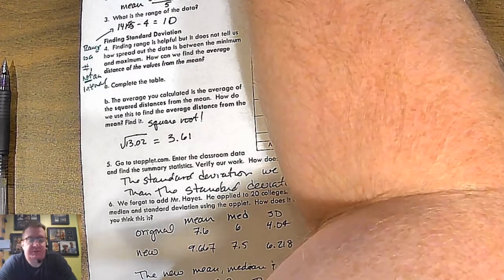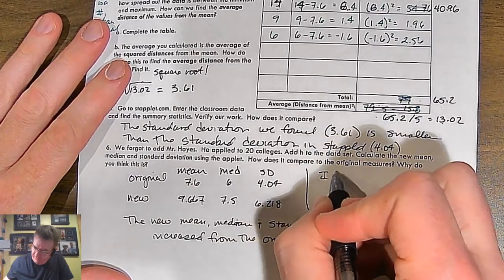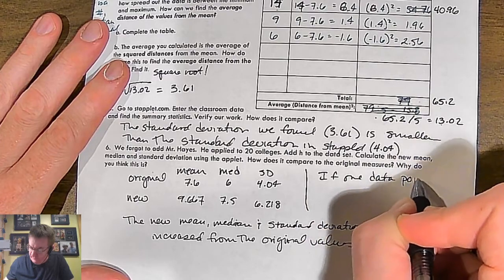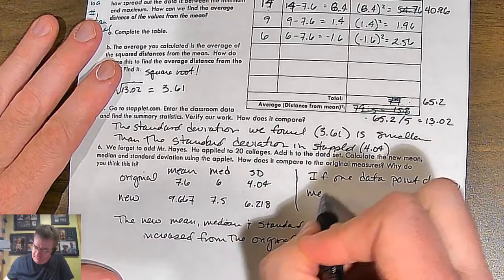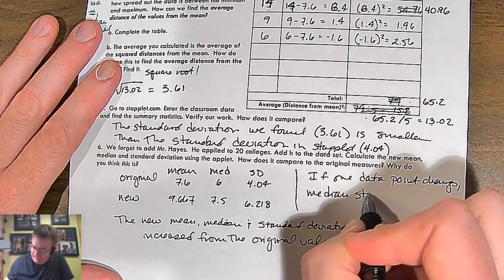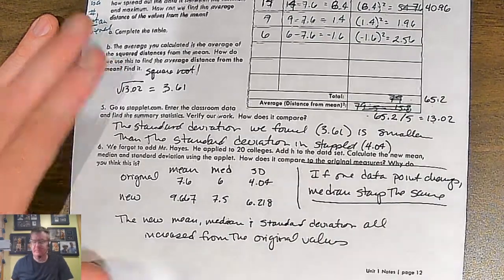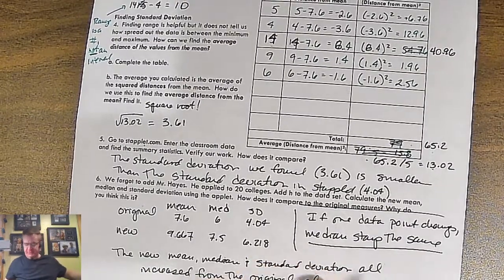So with that being said, if one data point changes, the median stays the same. Because again, median, remember, you talked about where in the order you are, so you're not changing the value of it. We're going to come back to this here in a second.